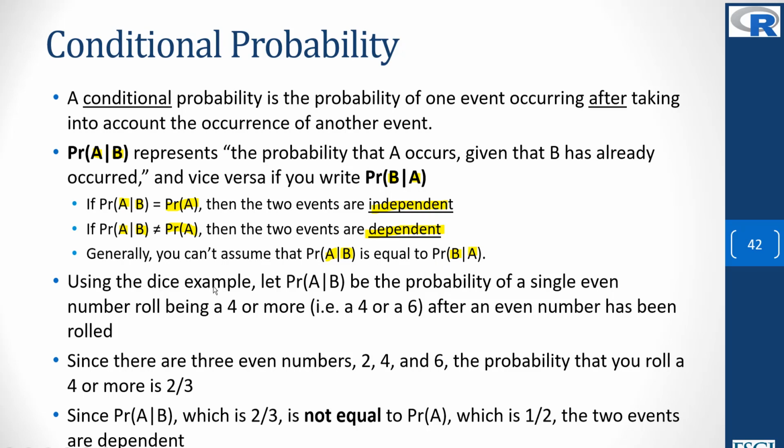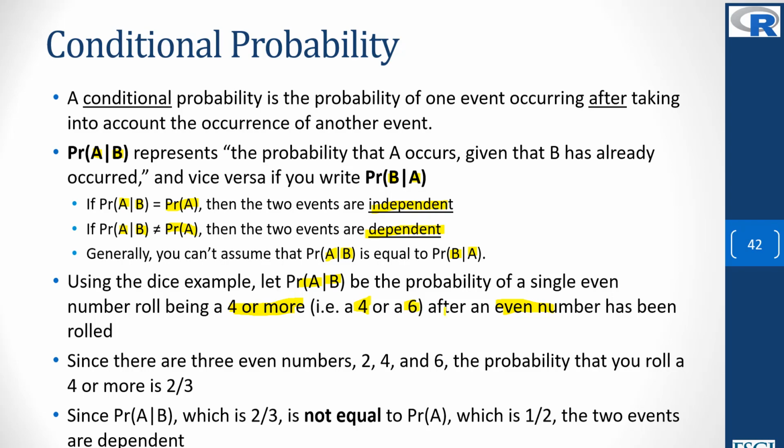If we look at our dice example, let's look at the combination of the probability of A occurring after B occurs, where A is a roll of 4 or more after an even number has rolled. In other words, a 2, 4, 6. So given that we have 4 or more, that means we have 3 numbers to look at. An even number from those 3 values is going to be 4 or 6.